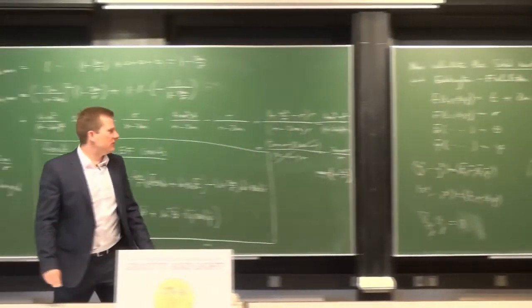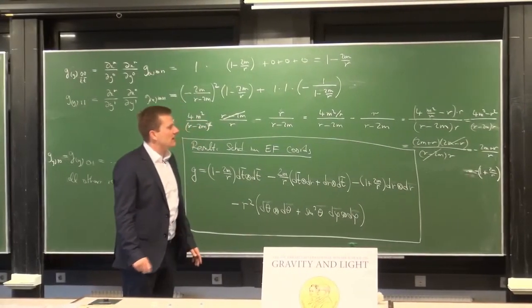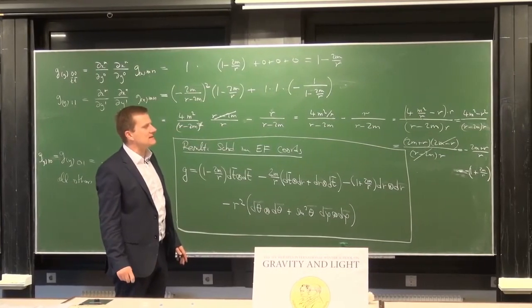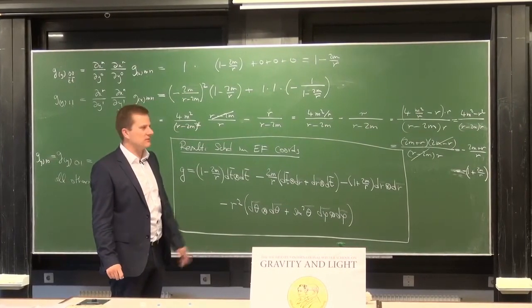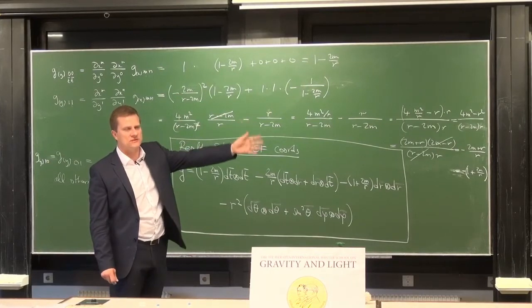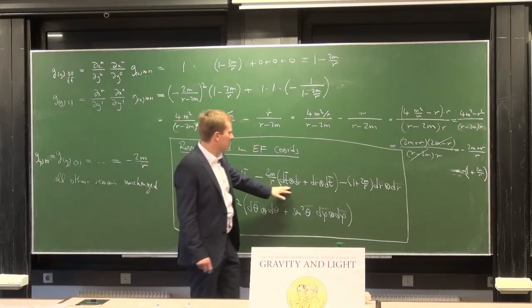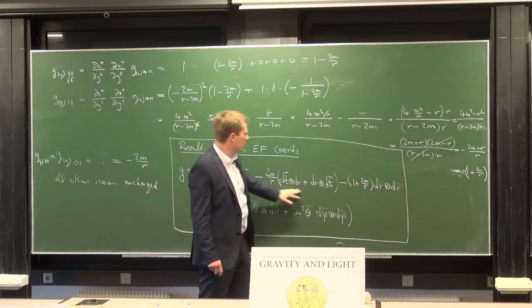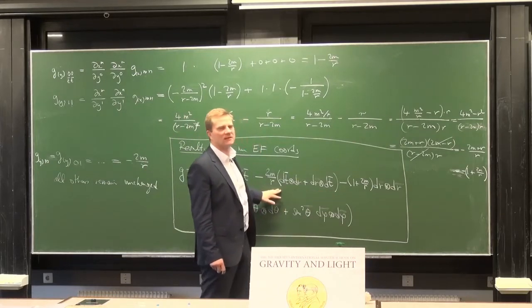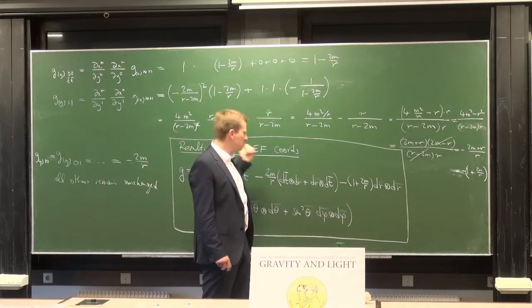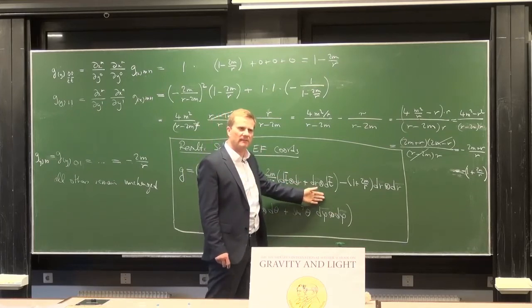If you have these cross terms, it doesn't look static anymore. It may still be stationary because none of the components depends on the new time. So d by dt bar is still a Killing vector field, a time-like Killing vector field. You might have the suspicion it's not stationary anymore, because for stationarity there's a coordinate system where this goes away, but you know that's only fake, because in another system, in the Schwarzschild coordinates, it goes away.